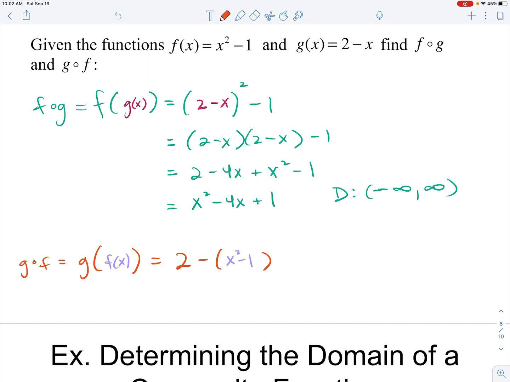And then that can simplify just by distributing the negative. It's like distributing negative 1, and that will be negative x squared plus 3. Again, we've composed a polynomial function with another polynomial function. The domain is still all real numbers.